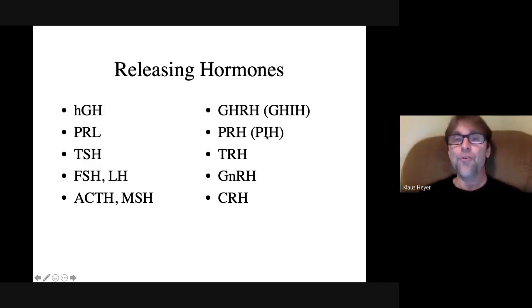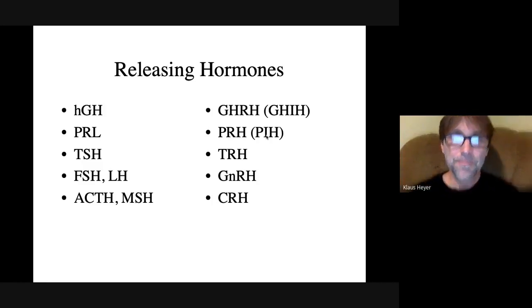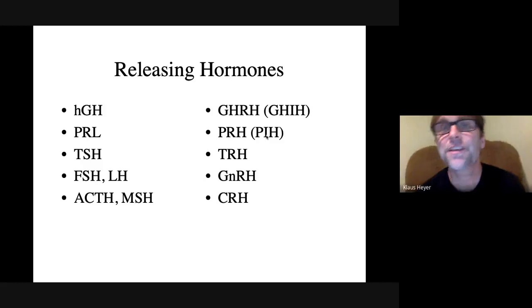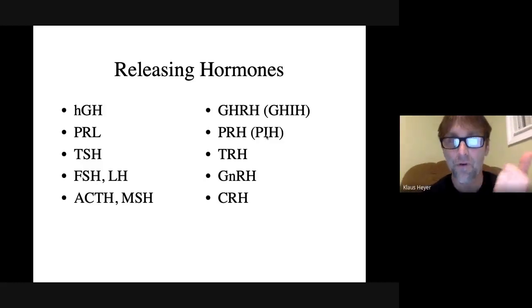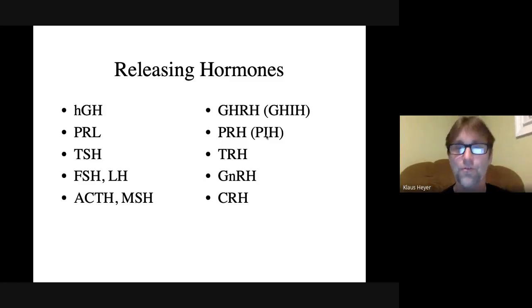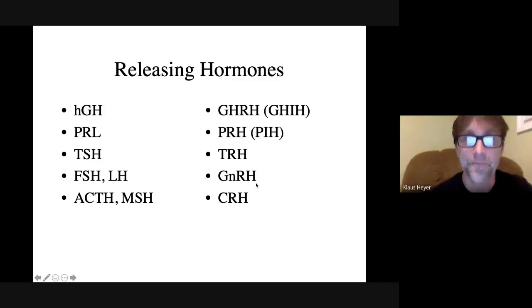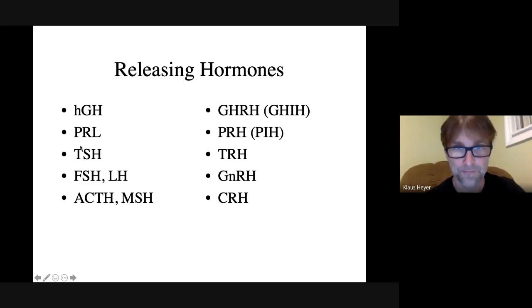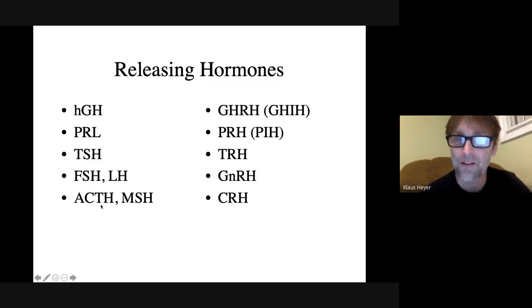So for those two hormones, these first two that I put here, you have to tell it to stop. For growth hormone and prolactin, the hypothalamus has to go and tell the pituitary, okay, stop it, no more prolactin, no more growth hormone. But the other ones here, you don't have to tell them to stop.